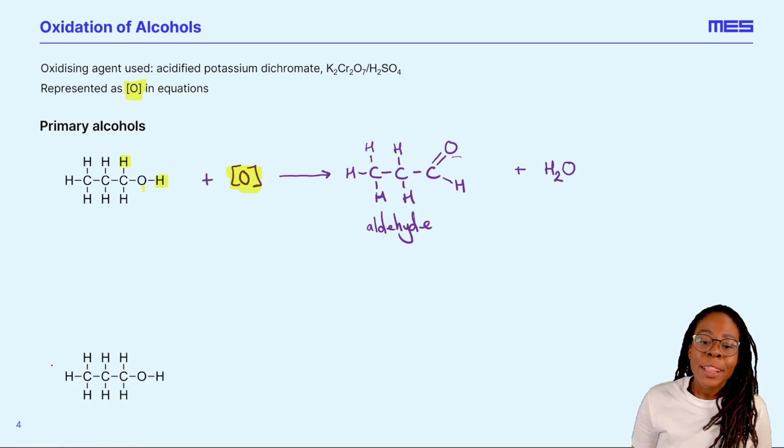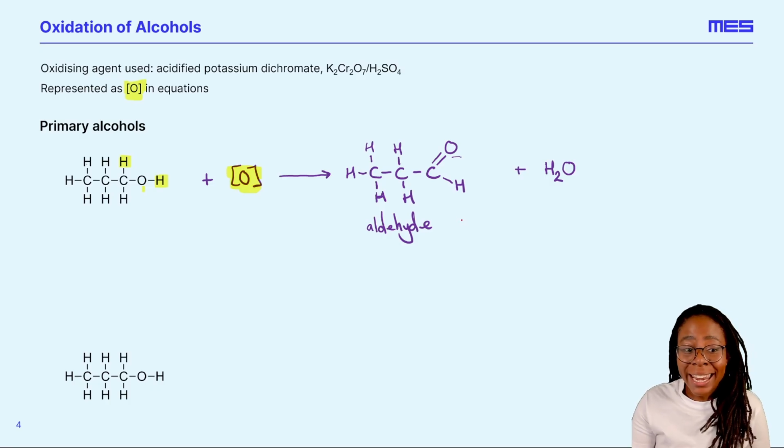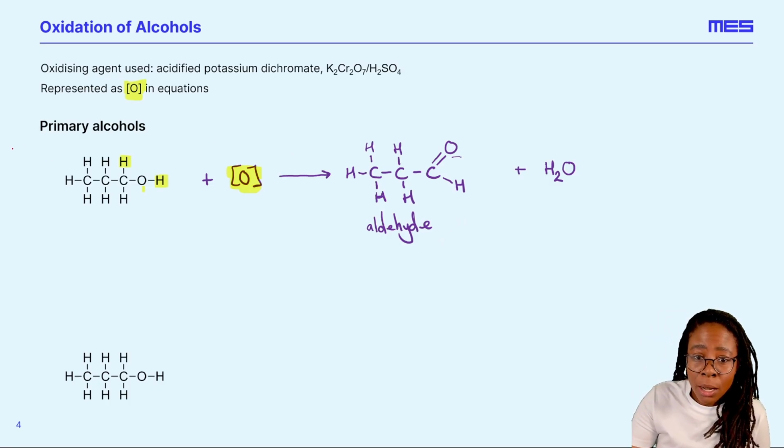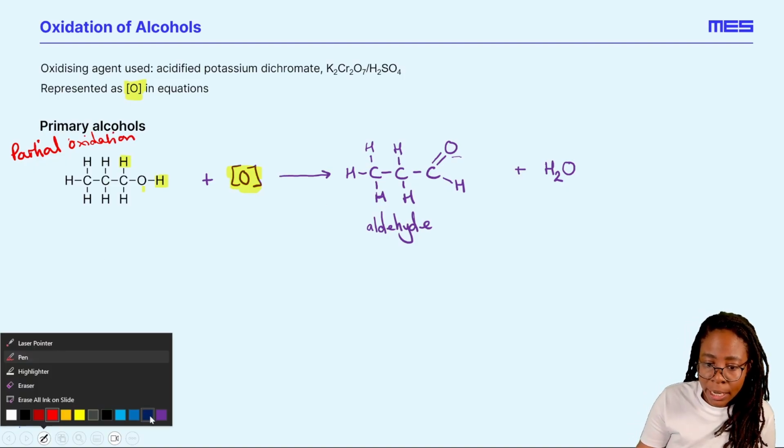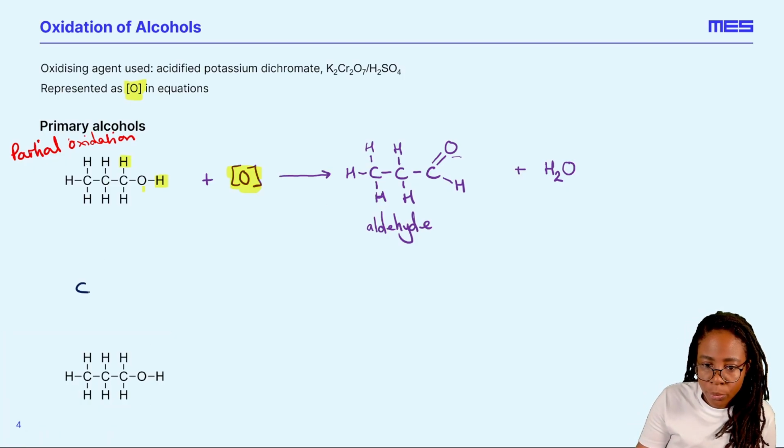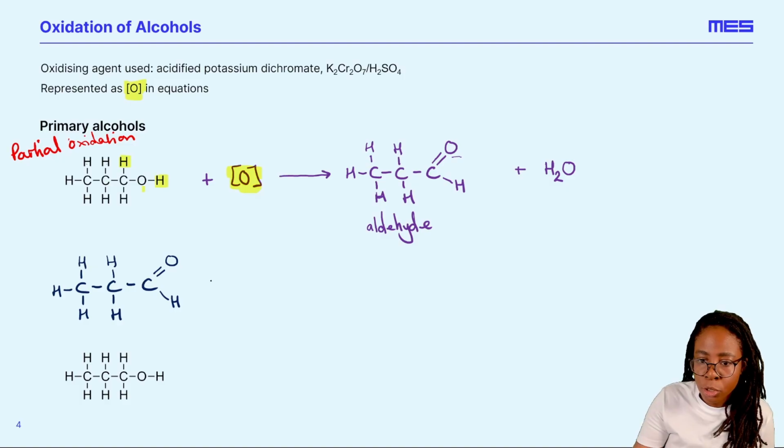But this aldehyde, this product, can actually be oxidized further. So this first stage is only partial or incomplete oxidation, because we can now take the aldehyde that we've just formed and react it with the oxidizing agent further, and this aldehyde will be oxidized to a carboxylic acid.